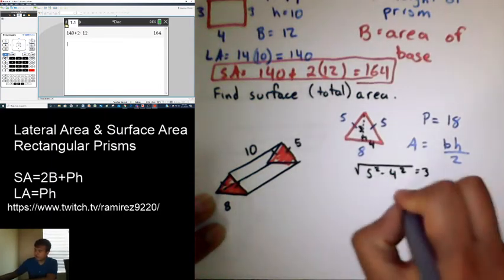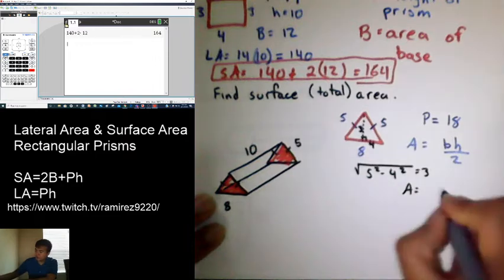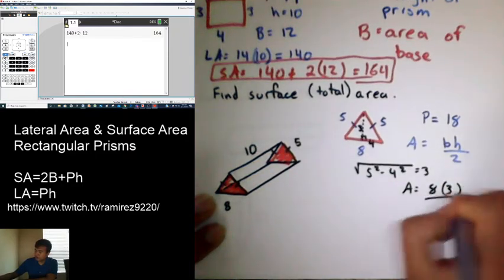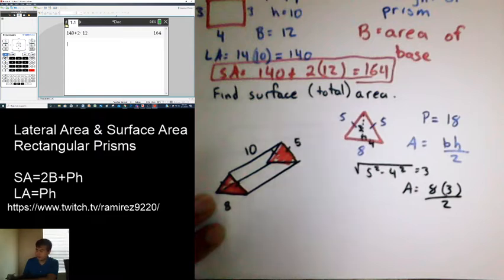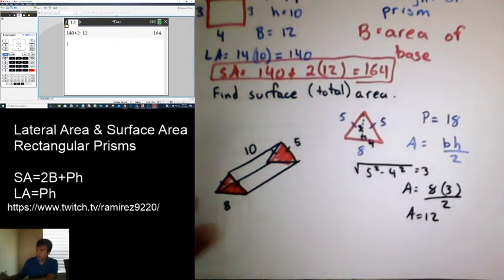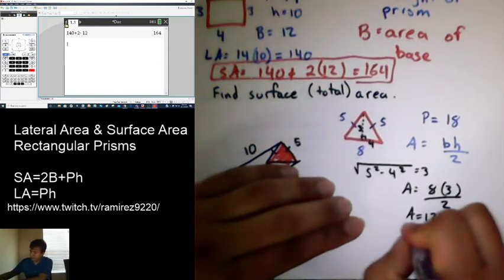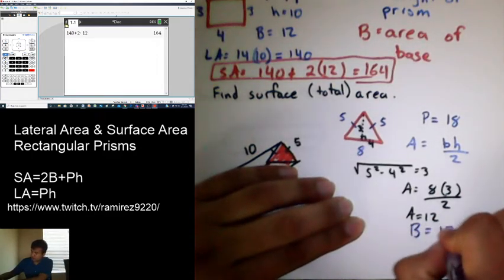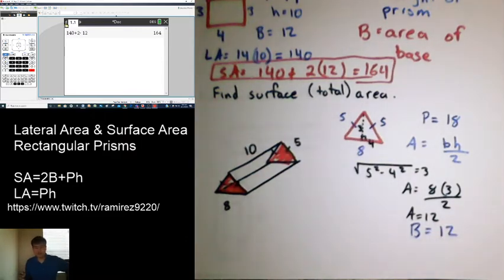So when I'm solving for the area of the triangle, it's going to be 8 times 3 divided by 2. And so the area of the triangle is 24 divided by 2, which is 12. Now, since big B stands for area of the base, my area of the base is 12. It's a little weird how they use different letters to represent the same thing, but just know that big B is area, and so area is 12 in this case.